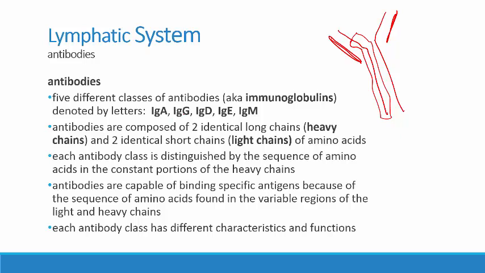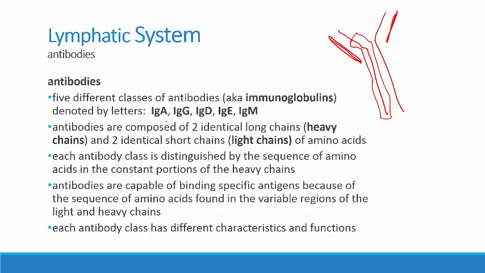If it's an IgG, then it's got a different set of sequences. If it's an IgD, and so on. So we distinguish which class of antibody it belongs to based on the constant section of the heavy chains.